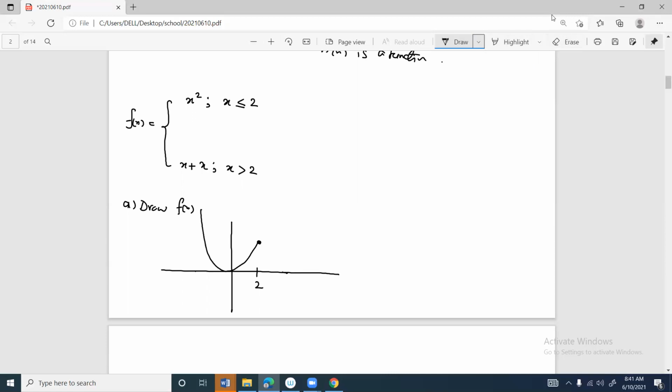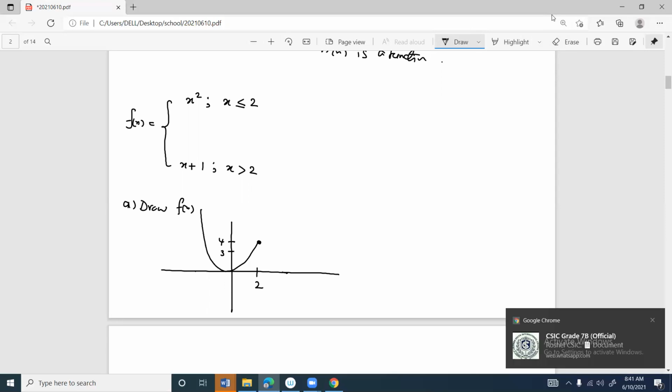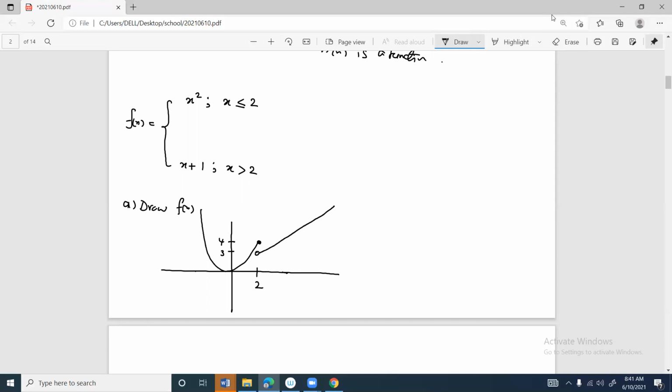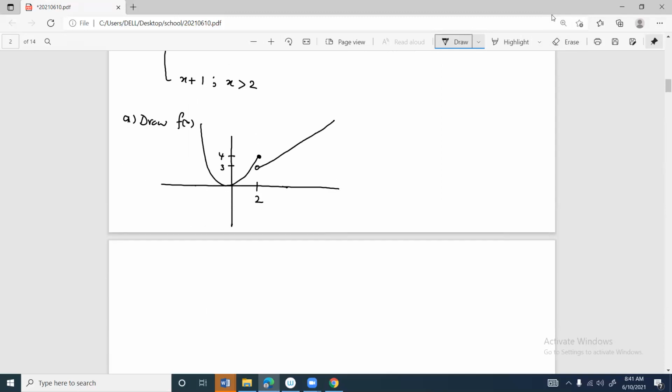It should not be x plus 4, it should be x plus 1, suppose. So this is 4 and this is 3, and it's a graph like this. This is the shape of the graph. Okay. Then part B.